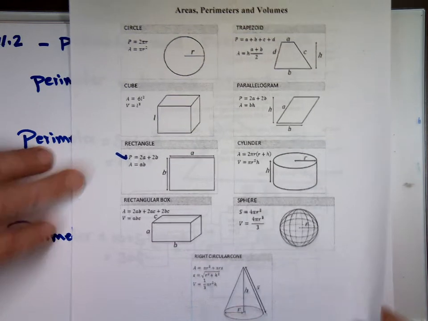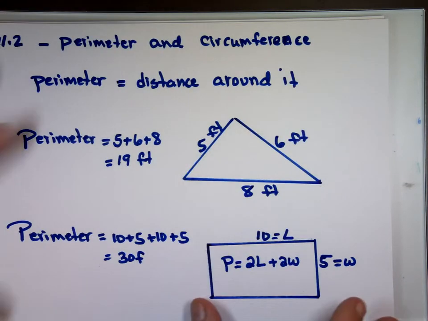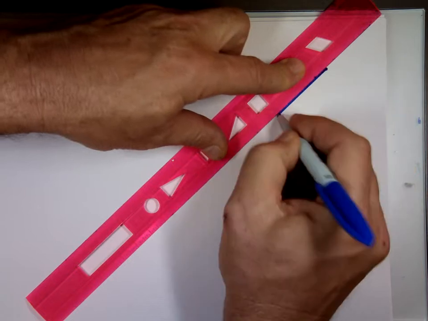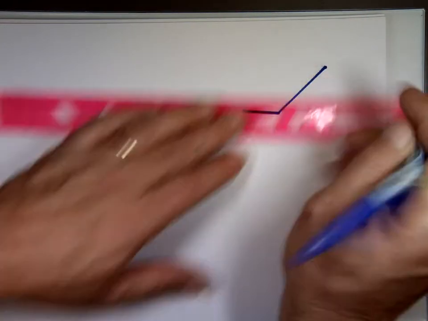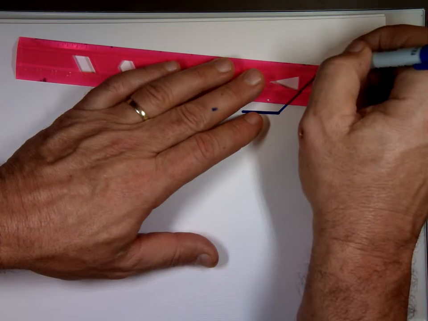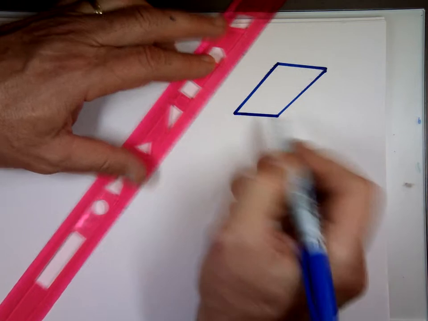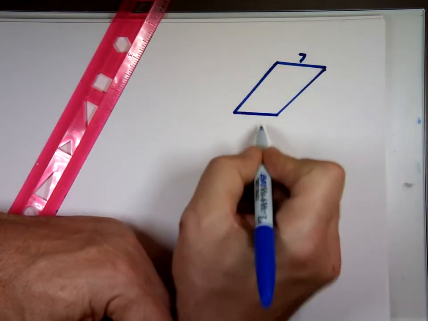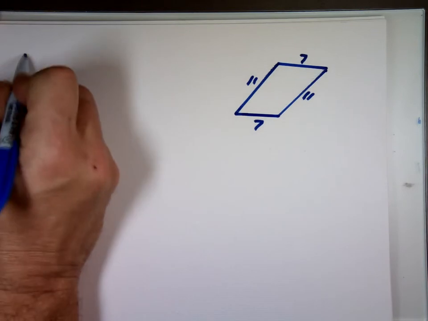If the shape is a parallelogram, so let's take a parallelogram and see what the perimeter of that shape is. Here's a parallelogram. 7, 7, 11, 11. What's the perimeter of that?